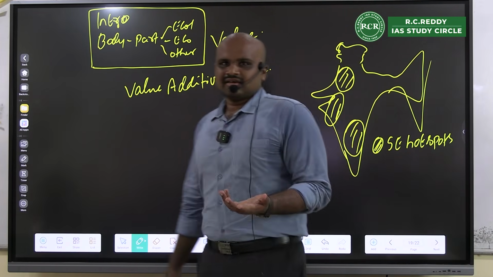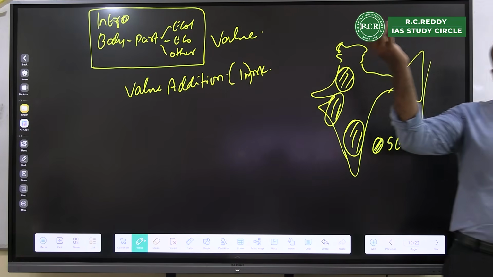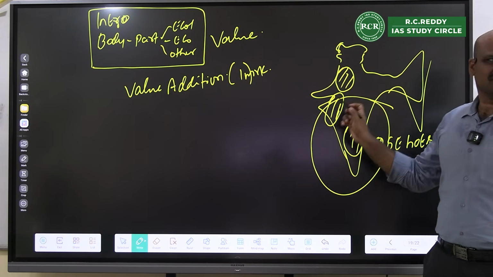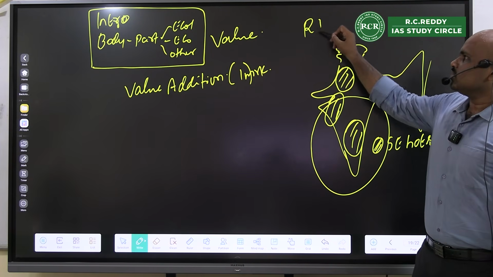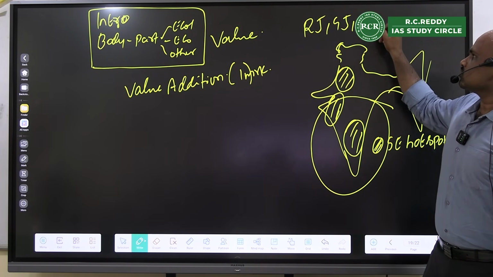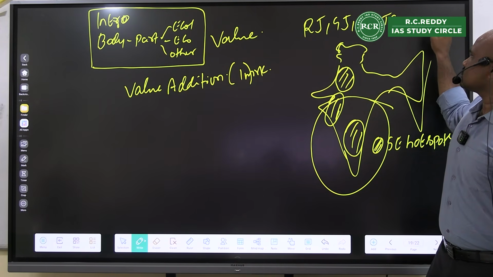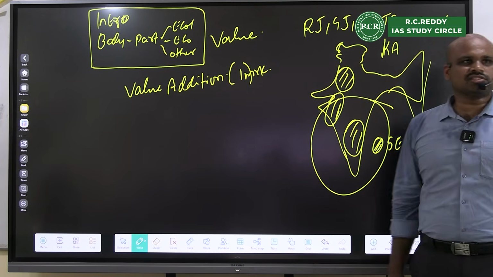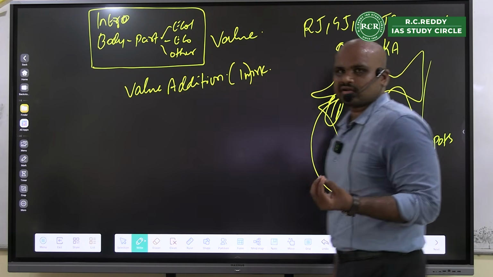I need solar energy. Where is it? Definitely in the tropical region. And if you look at the distribution and the prevalence, majorly Rajasthan, Gujarat, AP, Telangana, Maharashtra, Tamil Nadu, Karnataka are the regions prominently known for solar energy, because most of these states are present where?